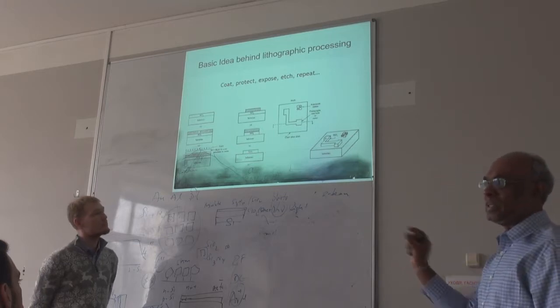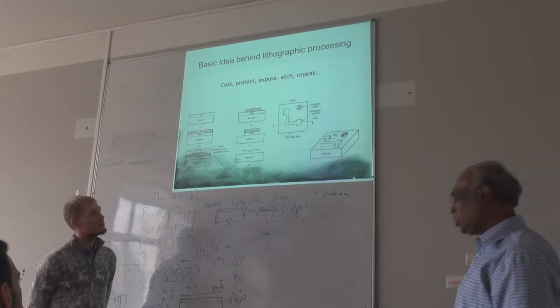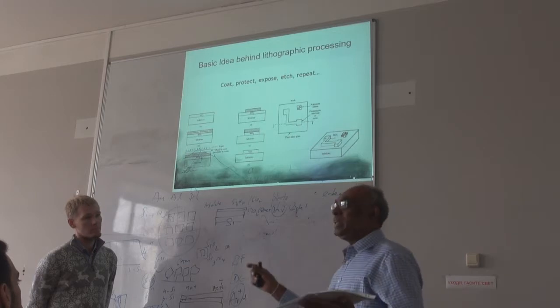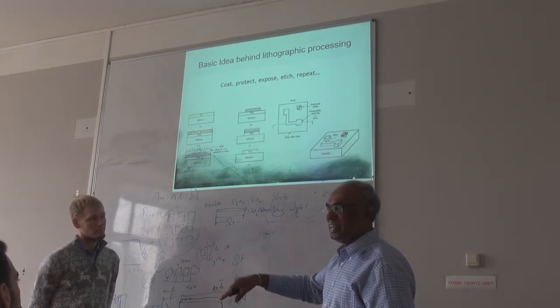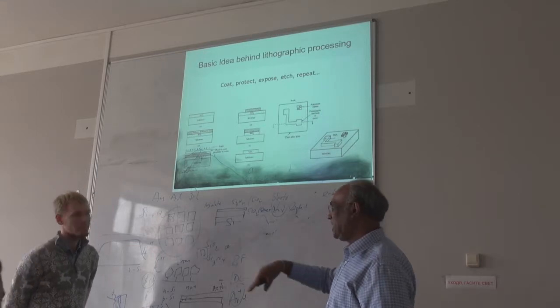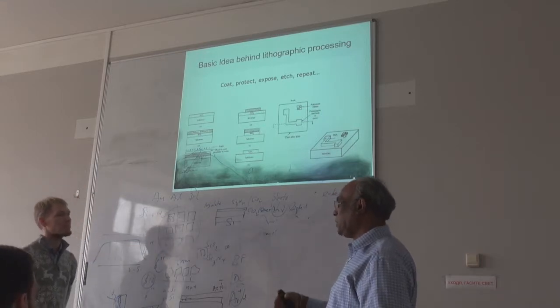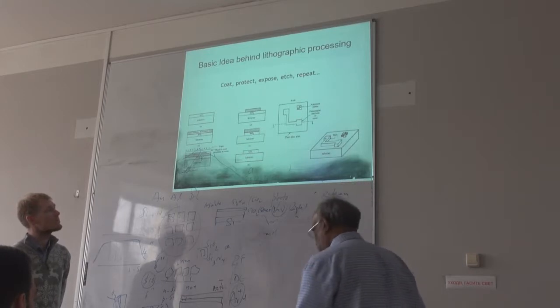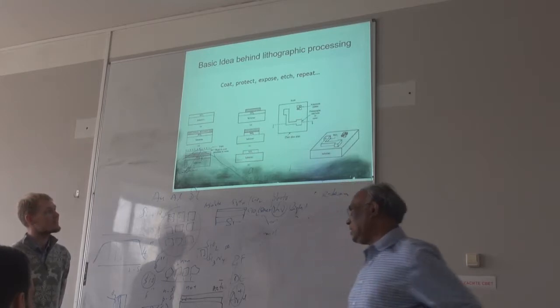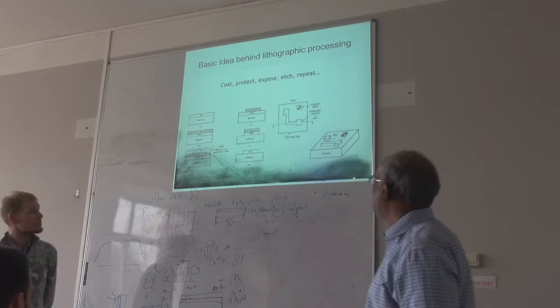This is micrometer scale. If you want to do it at millimeter scale, you can do it with a lathe machine, right? That's also a top-down approach. But at micrometer scale, you cannot do it by milling or lathe.